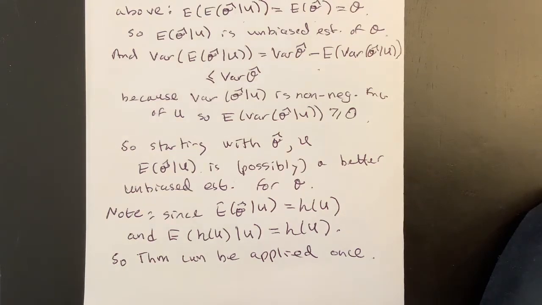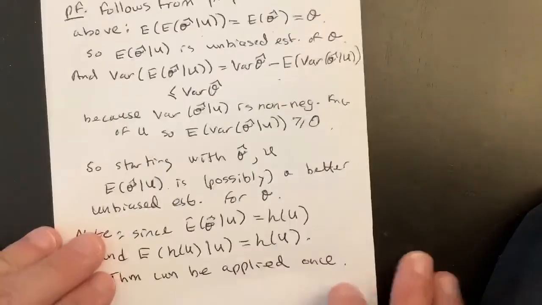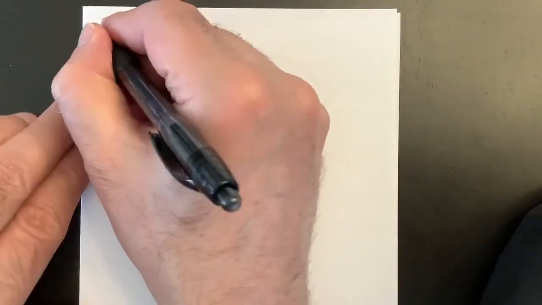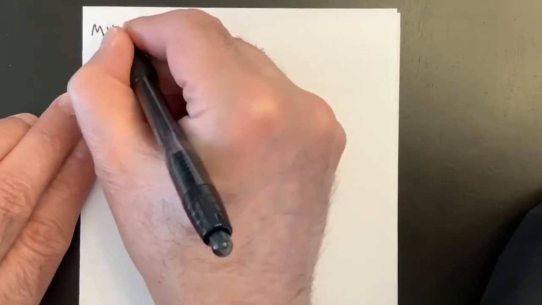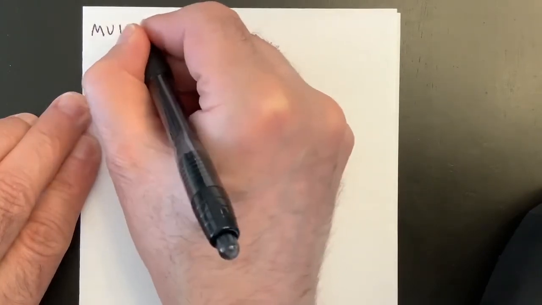All right. Now, one more twist on how this is used. We have this thing called an MVUE, a minimum variance unbiased estimator.